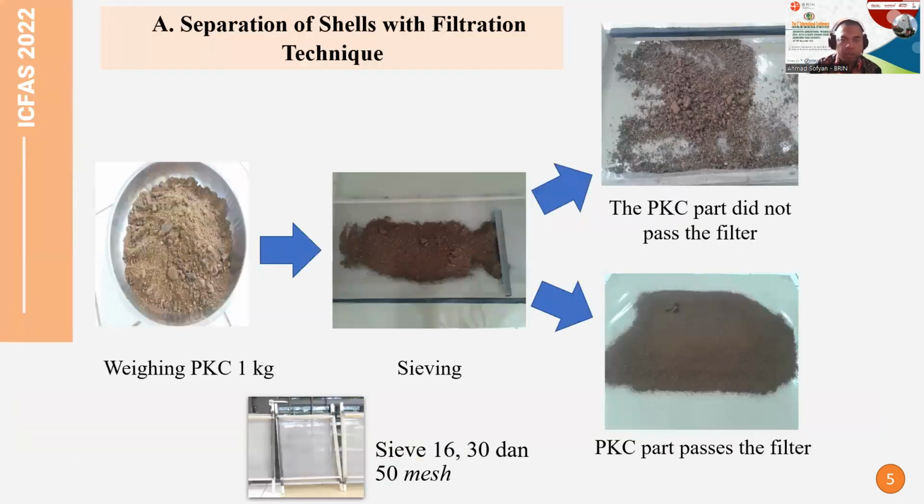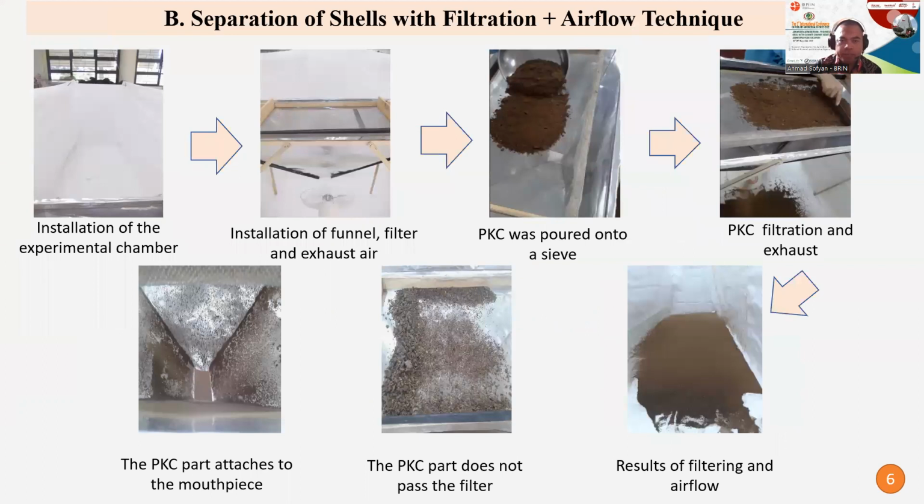This is a flowchart of the first experiment. It means that we spread the particles of palm kernel cake by filtration, and second, a combination of filtration and exhaust by blowing machine, and we can generate the output, particles from fine to coarse.